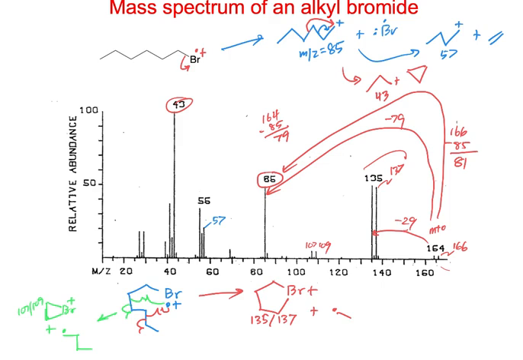An important loss, of course, is just the loss of the bromine. It's important that we can see which ions in here have bromine and which don't. For a lot of our work, just seeing that there's bromine there is going to be a big deal.